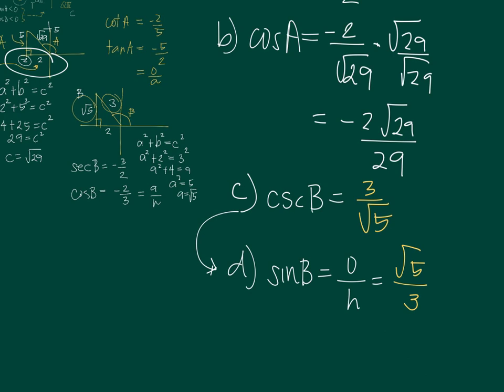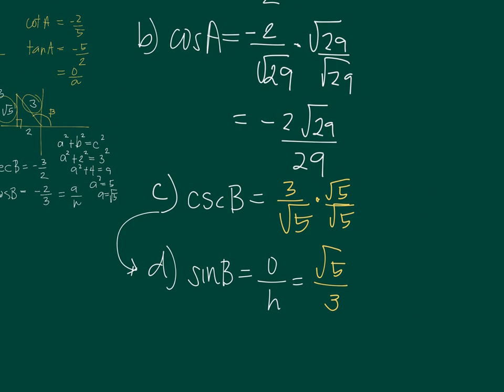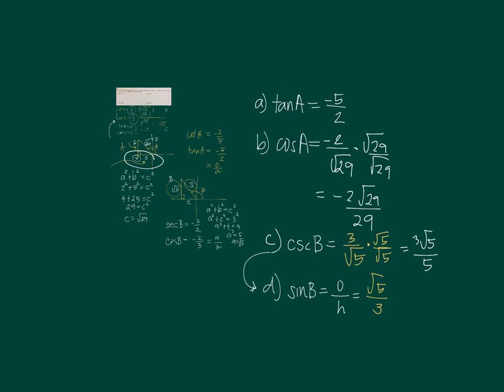Now take note that B is in the second quadrant and sine is positive in the second quadrant, so these values should be positive. To end with the cosecant B, we can simplify this by rationalizing the denominator. So this will become 3 square root of 5 over 5, and that is the simplest form. So here, we were able to find all the values that we need.